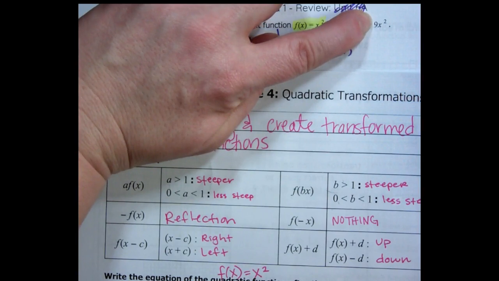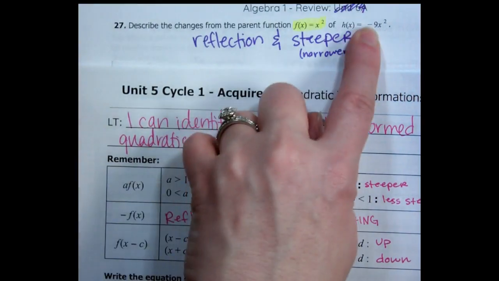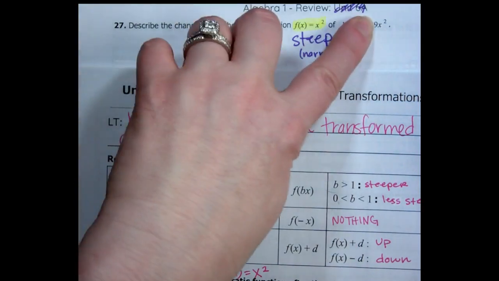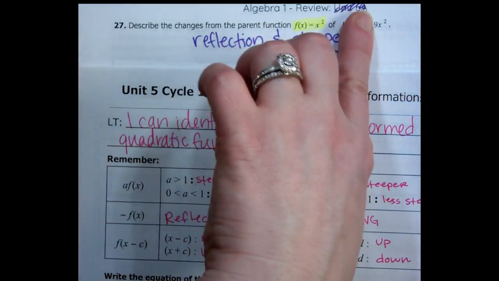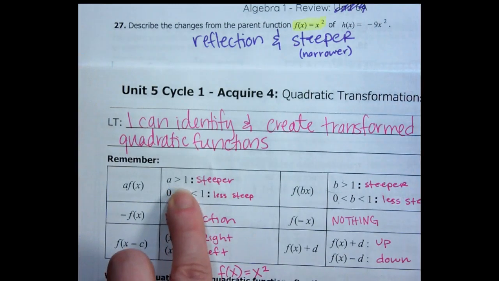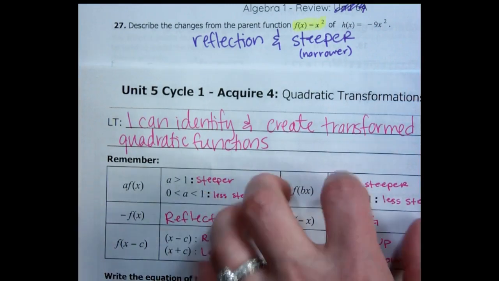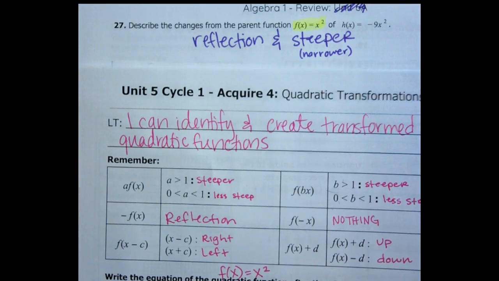So multiplying is going to be A or B. And then if it's out front, it's going to be an A. Okay? Now the number 9, not negative 9, because the negative means reflection. So we're just looking at the absolute value, which is 9. 9 is bigger than 1, which would make it steeper. Okay? So you can do this by graphing, or you can use your index cards, your flashcards, or your notes.